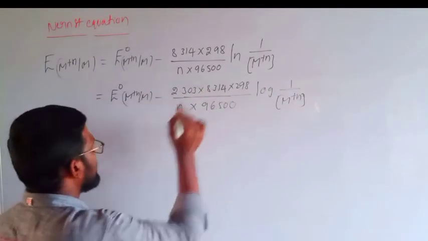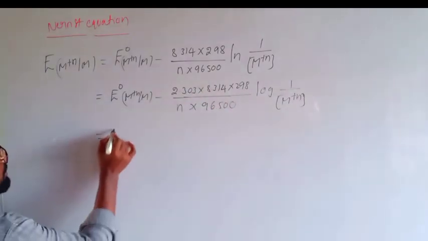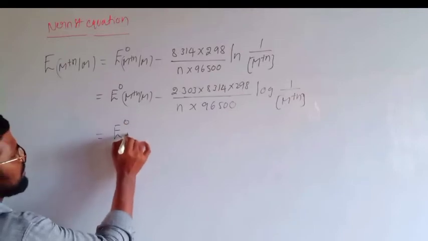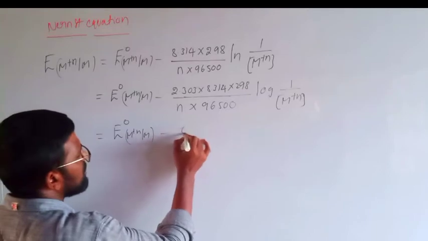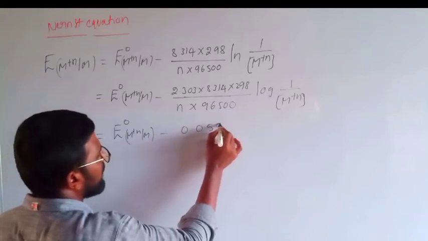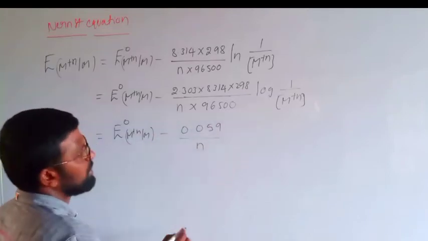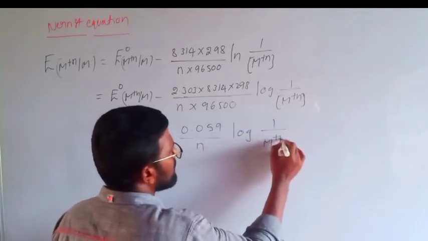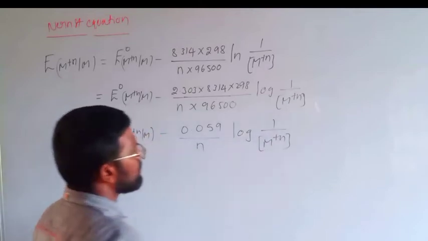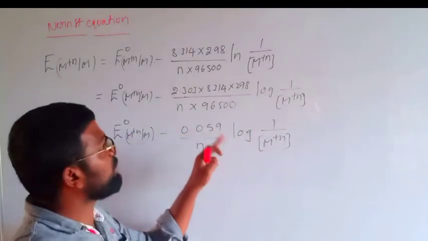On simplifying all these values, finally we get the standard reduction potential minus 0.059 by n log 1 by M plus n concentration. So what is this 0.059?